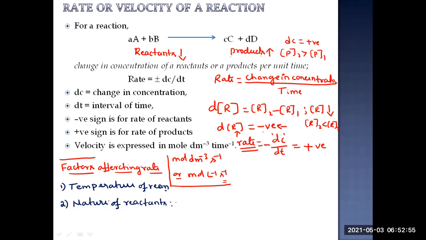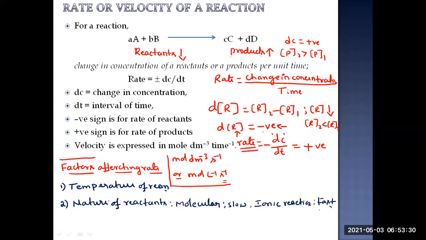Molecular reactions are slow because whenever reactions involve entire molecule, they require breaking and making of bonds. So they are slow. Whereas ionic reactions, if the reactions involve ions, reaction between ions, so ionic reactions are fast or instantaneous, very, very fast.